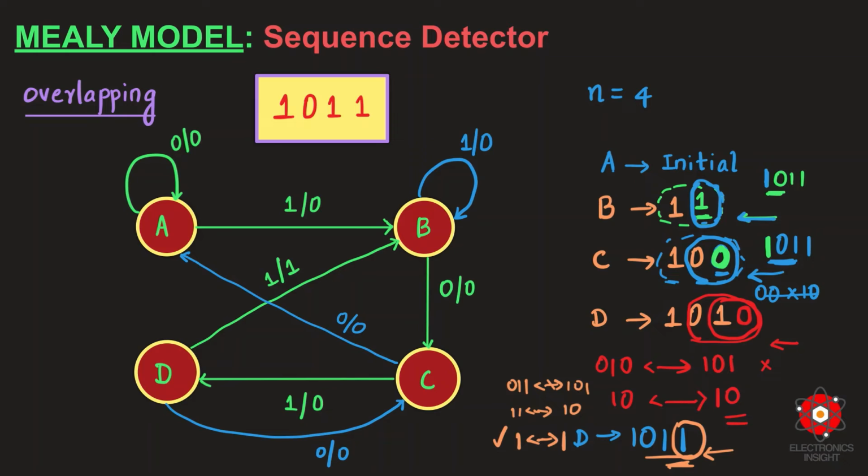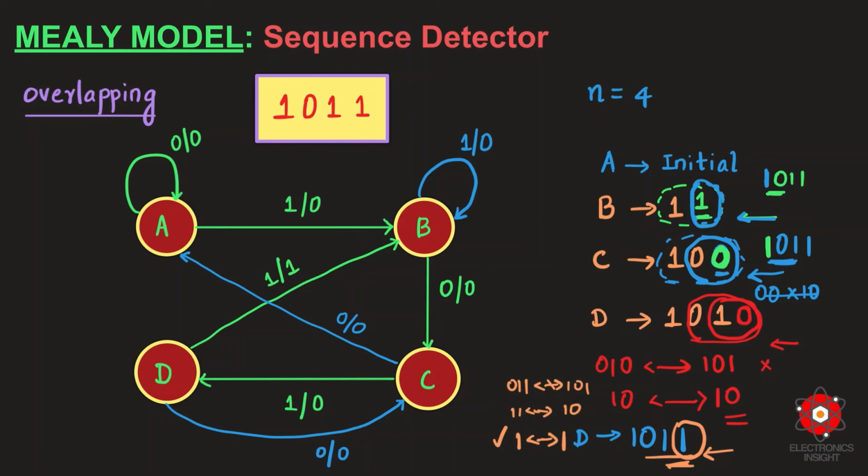It will not continue with your sequence detection. So now look here. If you have reached B, this one only has received 1. This A has not received 1. So you should make sure that you reach the proper state before the completion of the sequence detection. That's why we reduce till the 1 bit and find out where you should go.